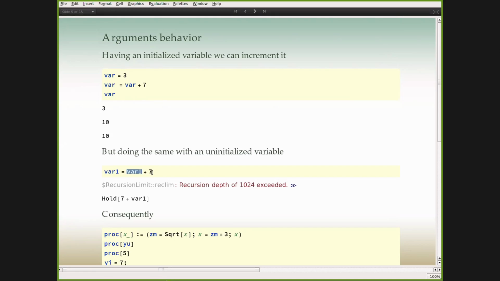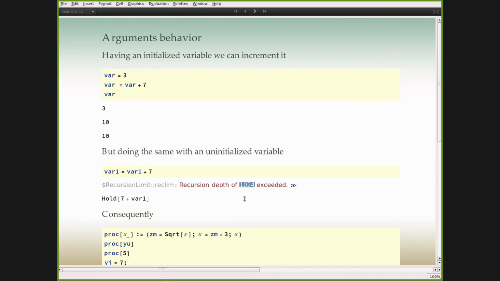then you see that recursion occurs, because Mathematica sees the following: as var1, it has to take var1 plus 7, and var1 is defined as var1 plus 7. It would run in this recursion forever, but since this error occurs quite often when you are not an experienced Mathematica programmer, there is a special value, recursion limit, which simply says what the max depth of recursion is.